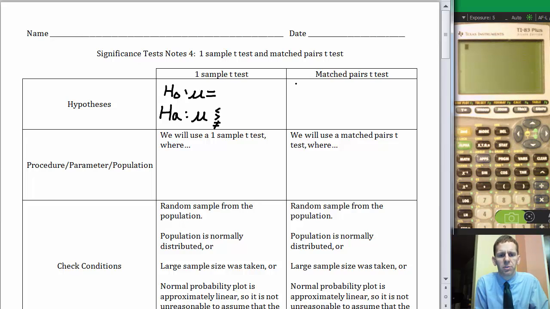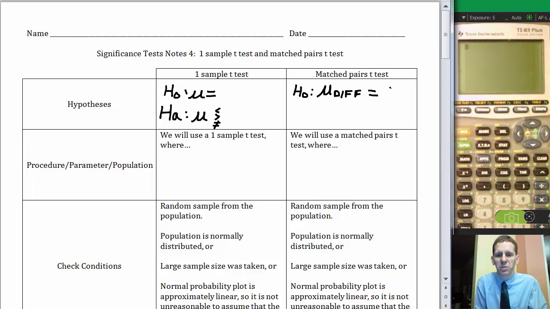For matched pairs t-test, we do have a null hypothesis as well. Our parameter we're going to be working with here isn't mu, it's mu sub diff, the mean difference. So we're going to be comparing two sets of data that can be paired, so there's going to be some sort of difference. We're going to assume in a matched pairs t-test that the mean difference is equal to 0, usually.